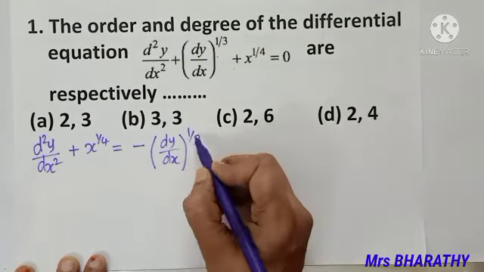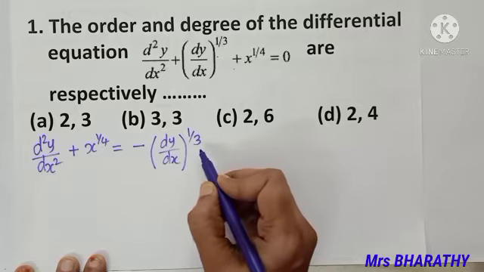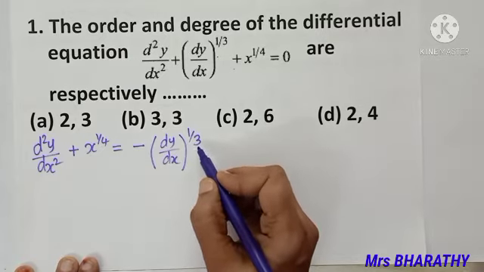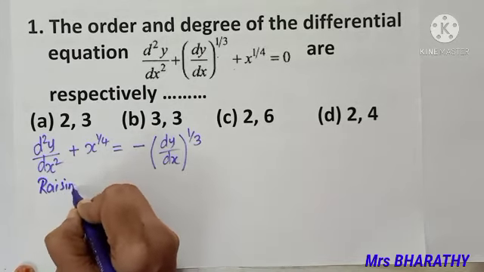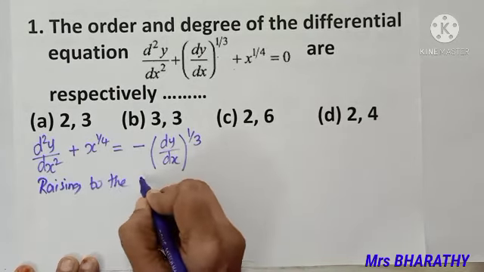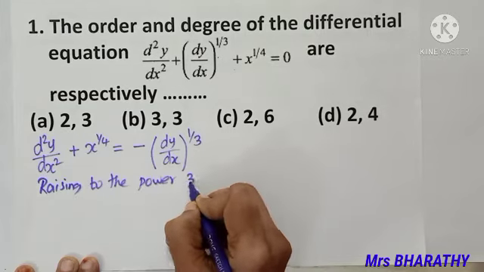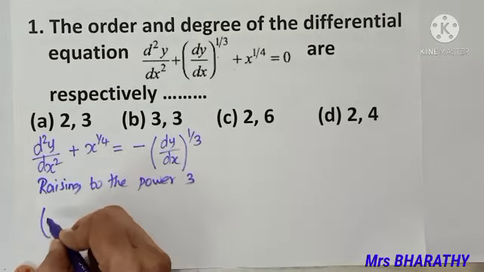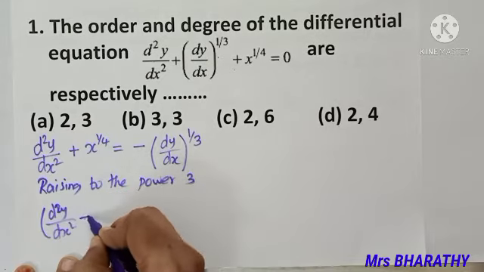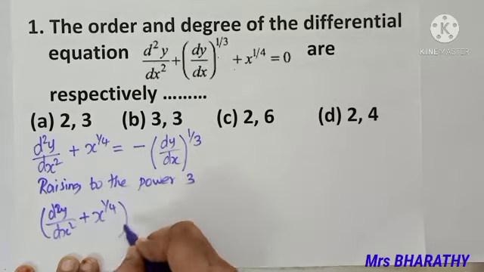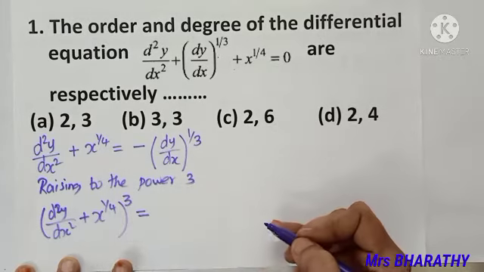The problem is with the degree, the denominator. To get rid of it, raise to the power 3 on both sides. We get d square y by dx square plus x power 1 by 4 the whole power 3.